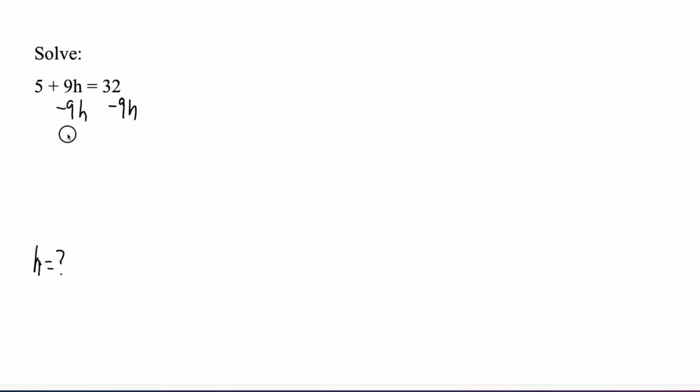Oh, sorry, that's just 5, equal to 32 take away 9h. This equation looks as complicated as the original equation, so we did nothing to make it simpler. This is an incorrect step.